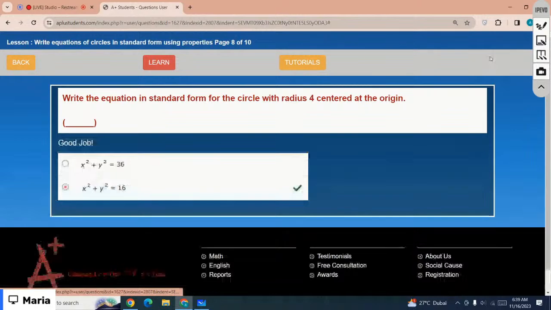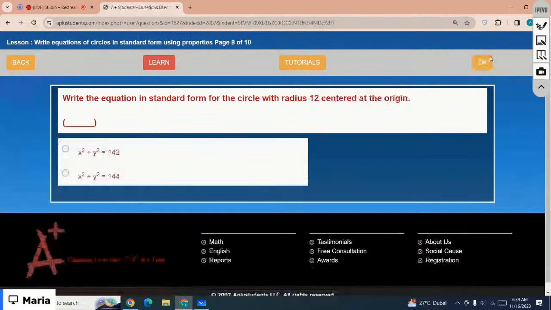Very good. Correct option is x squared plus y squared equals 144. Option number 2 is the correct option.